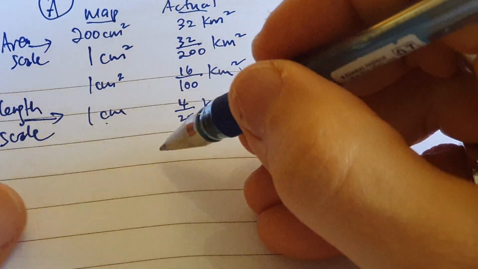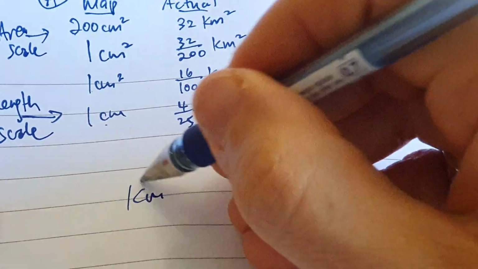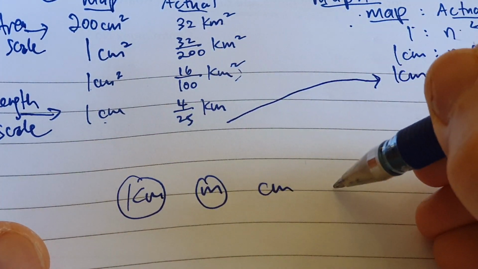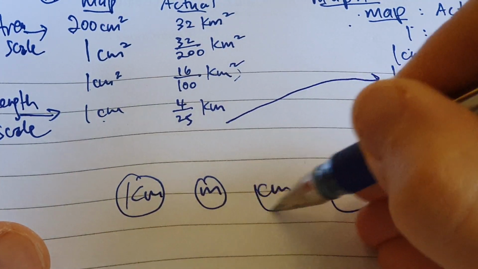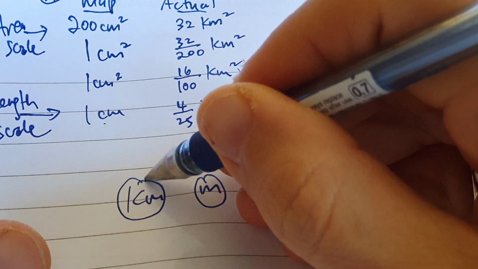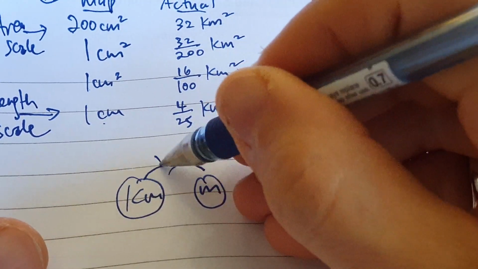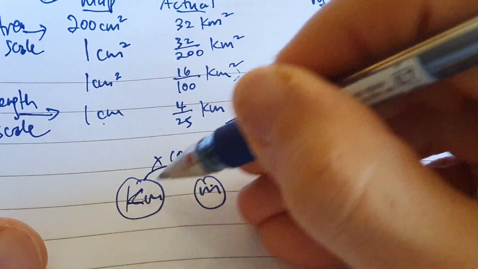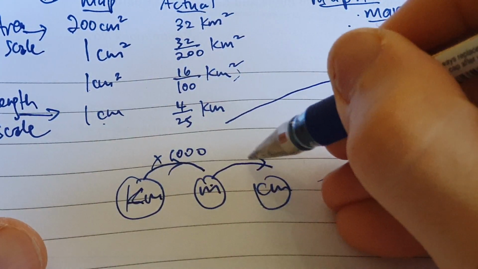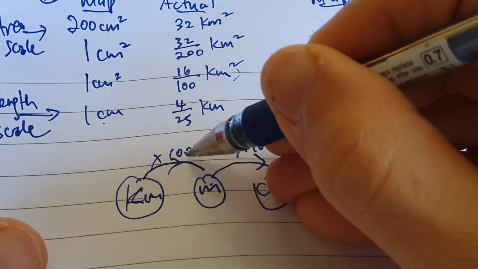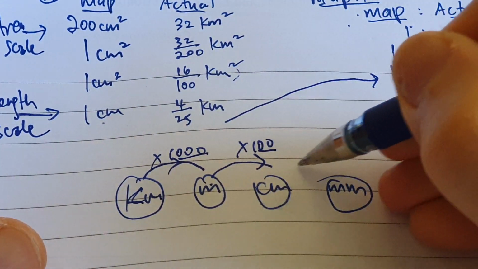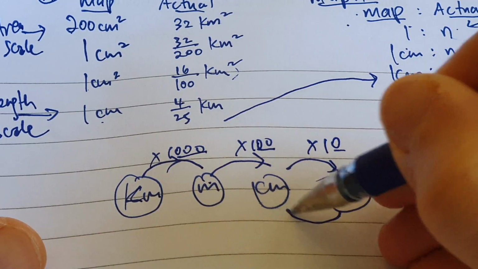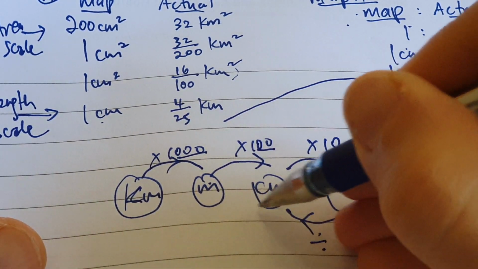As we learn in class, this diagram is very useful. Biggest unit is kilometer, followed by meter, followed by cm, followed by mm. And you just need to remember kilo is 1000 meters. So to get from here to here, it is times 1000. From meter to cm is times 10 less and 10 less. The other way is to divide by the same number.